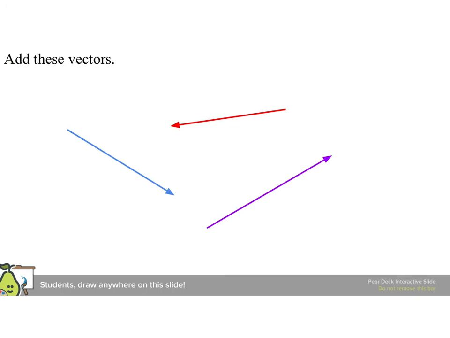All right, so let's add these vectors. Obviously, this is not the easiest in the world to do, but maybe we do something like that. Looks about right. And then that should be parallel to that, about the same length. So I don't know.